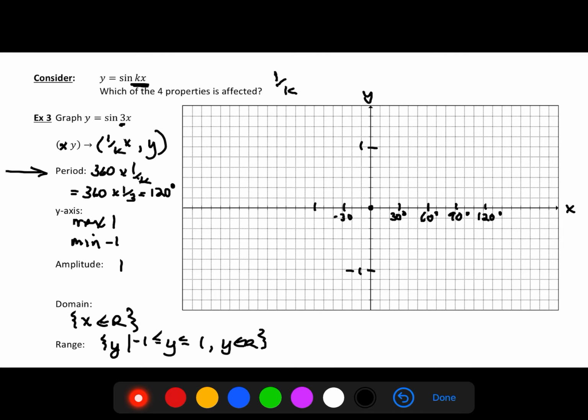So we can see how we can alter our scaling of our grid as well. So our graph might look exactly the same as it did originally, but the scale is different.